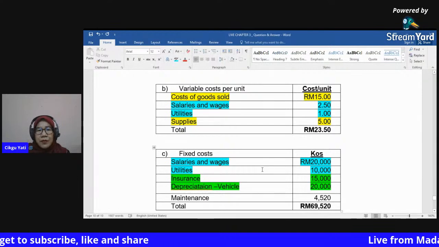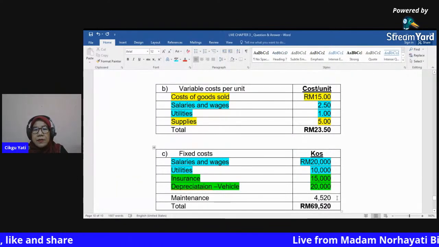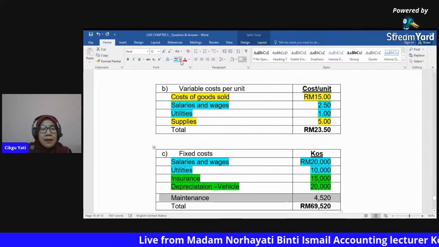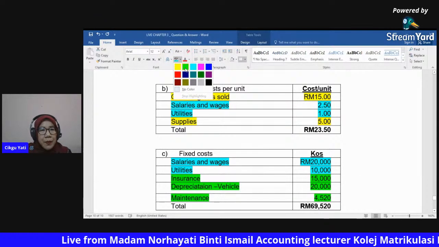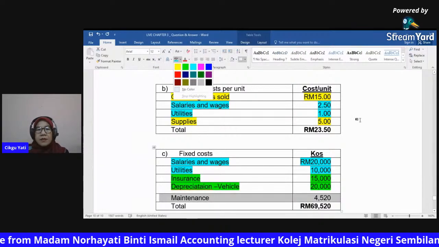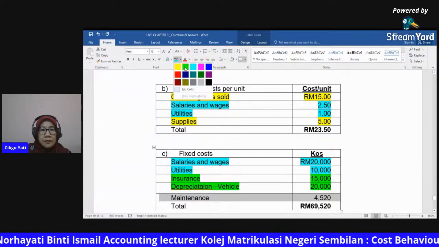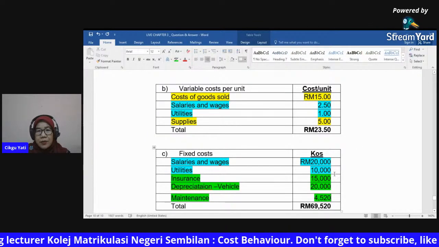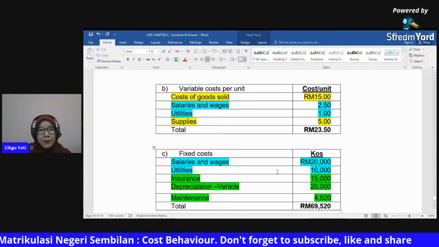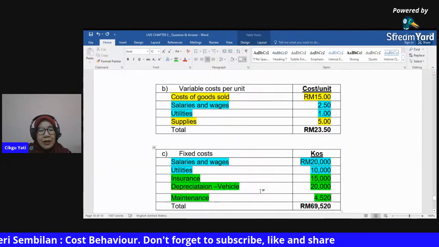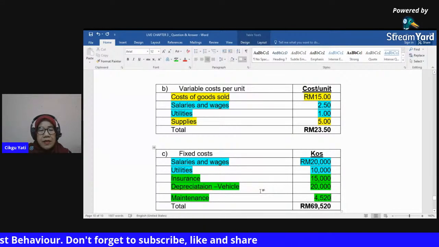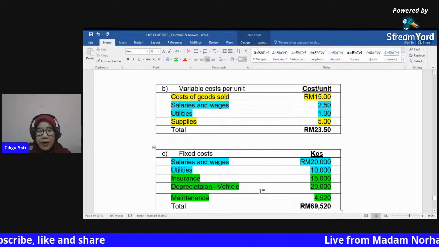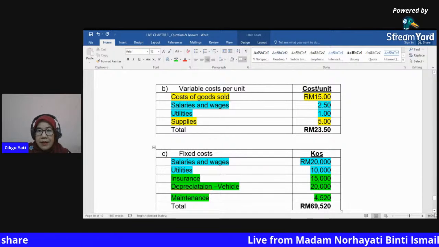And maintenance we have also calculated. That one is also, what colour is this? This one is green colour. The green colour means it is indeed fixed cost. So you just add all together for these 5 items, and you get the total fixed cost, which is RM69,520. Okay, the next one.